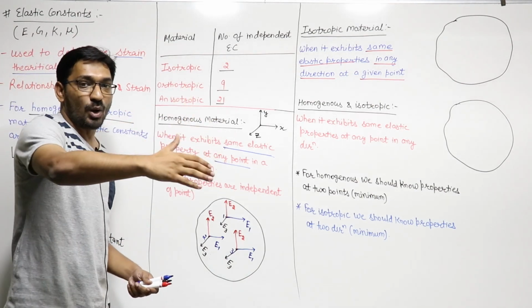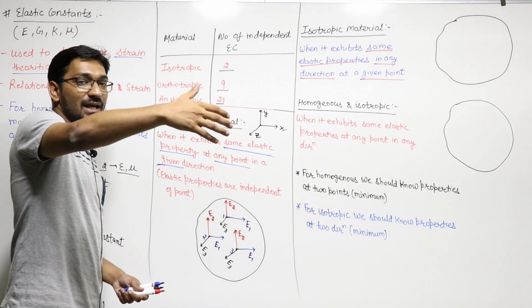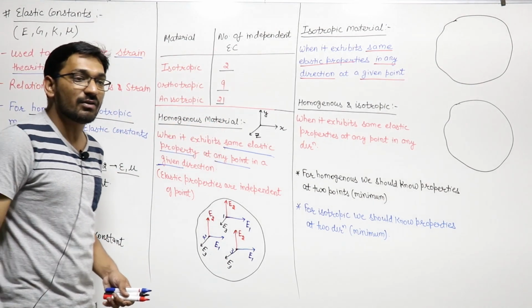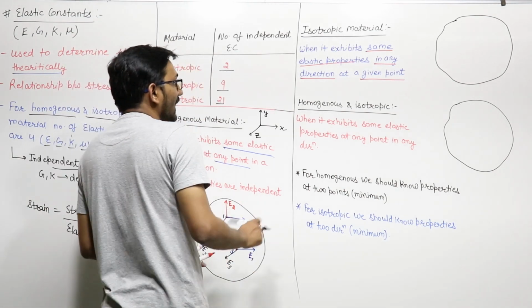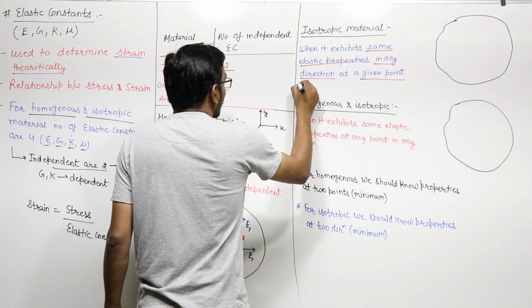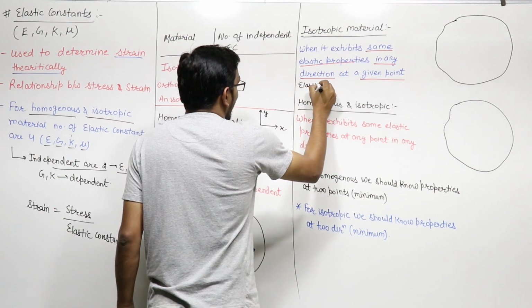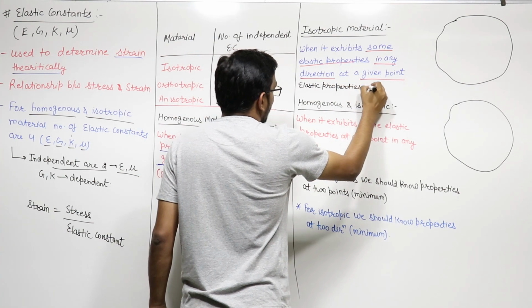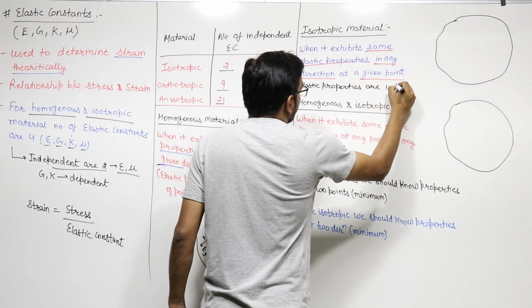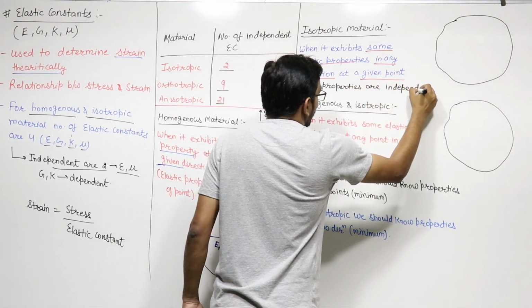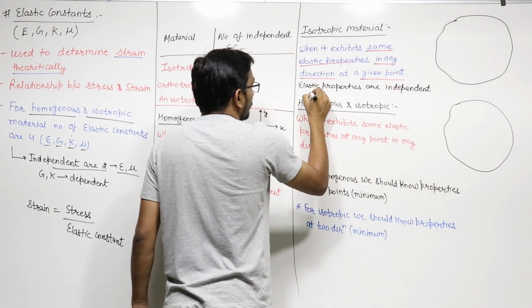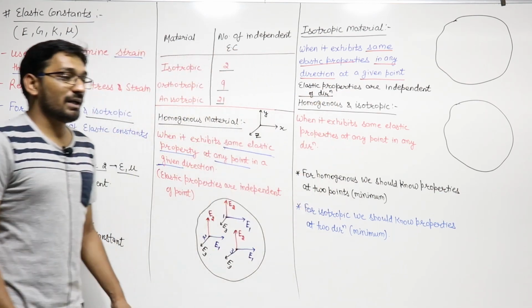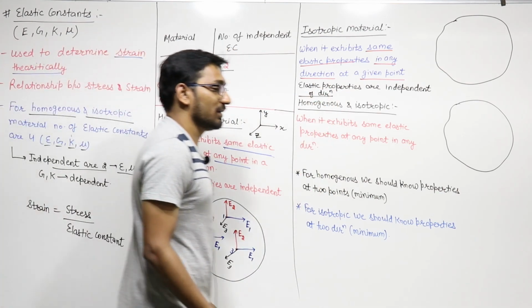If you change the point, then the property will be changing, but at any direction the value of property will still remain same. So in this case you can say that elastic properties are independent of direction. Right? Elastic properties are not depending upon the direction.